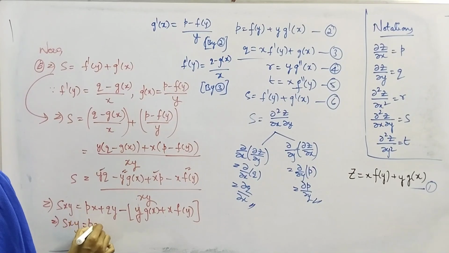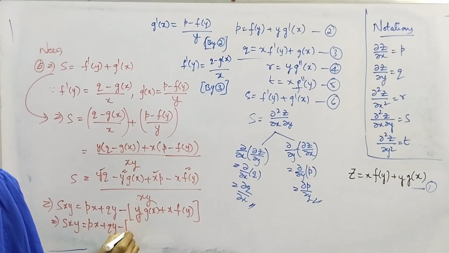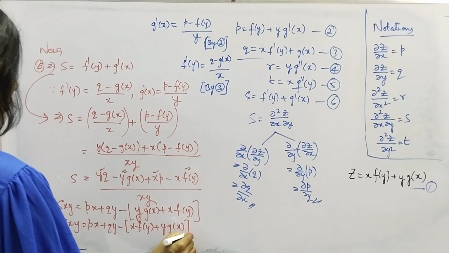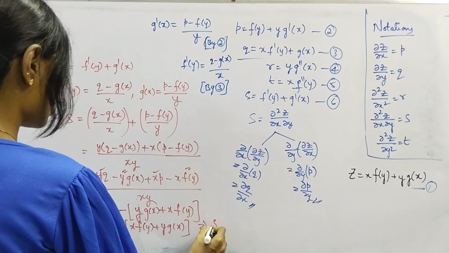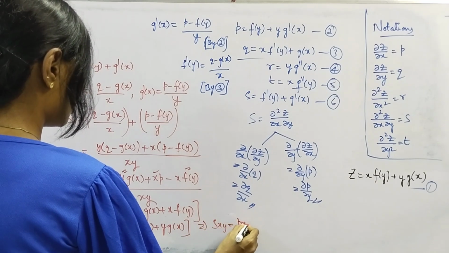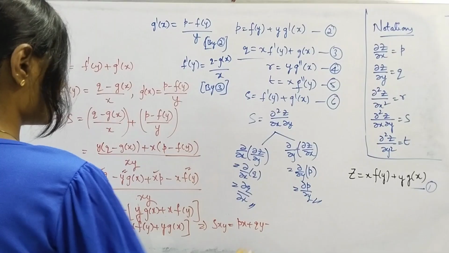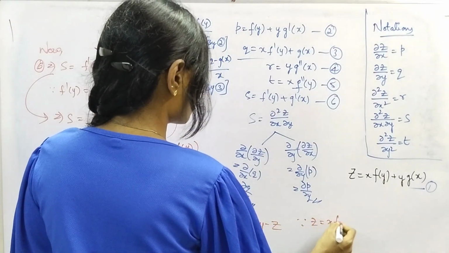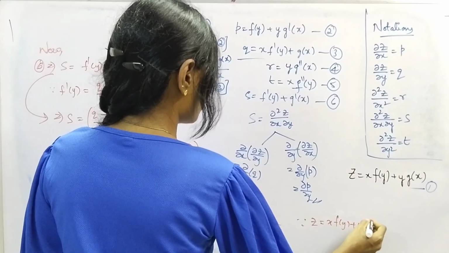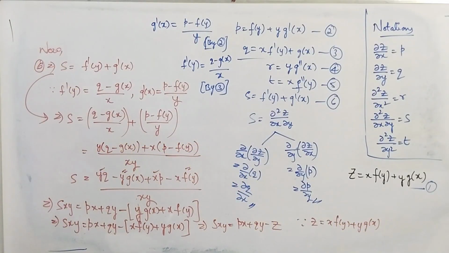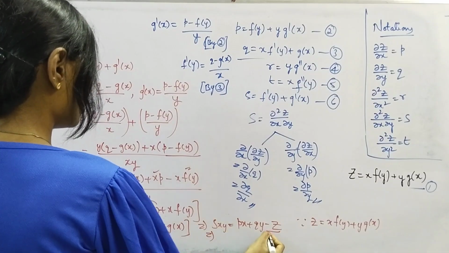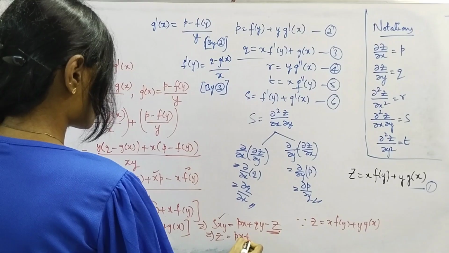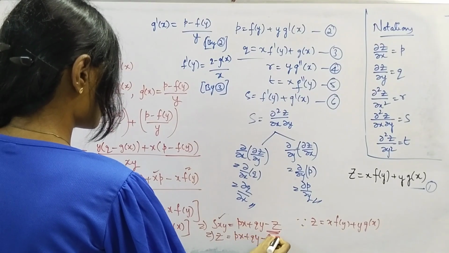So sxy equal to px plus qy minus of (x into f(y) plus y into g(x)), right? Which gives us sxy equal to px plus qy minus z, since z equals x into f(y) plus y into g(x). Or you can write the same equation as: bring this minus z to the LHS, take this to the RHS, you'll get z equal to px plus qy minus sxy.